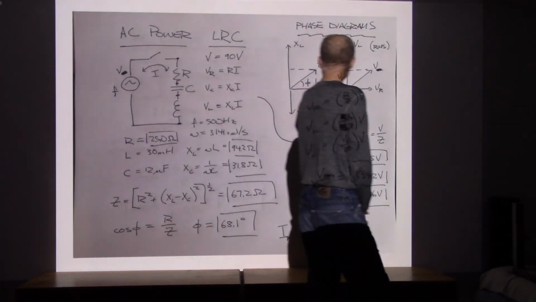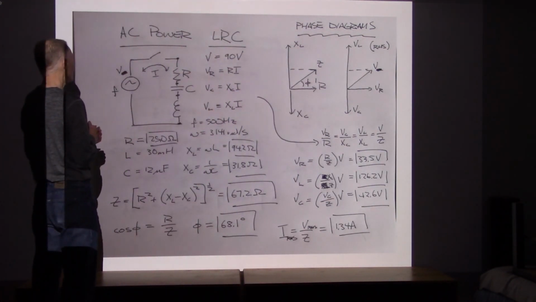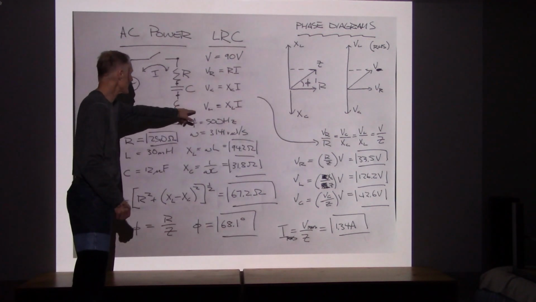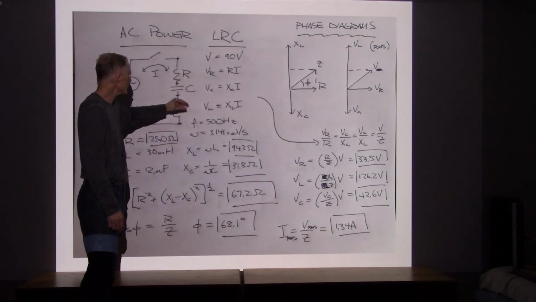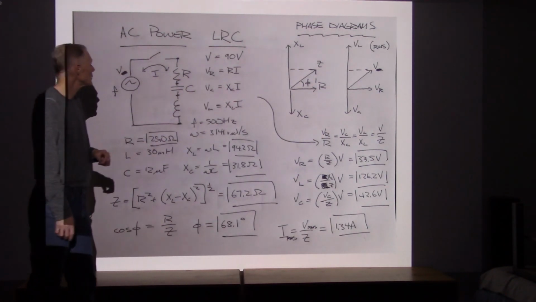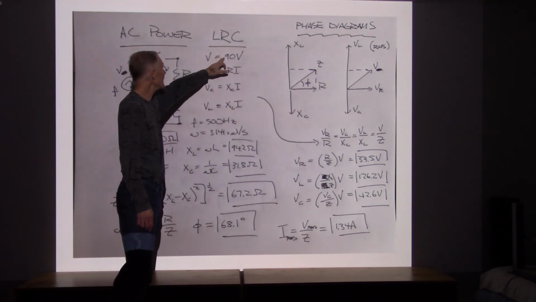So here we are. Here is the R, and I didn't write the L, that's the problem. There's a resistance, there's a capacitance, and there's an inductance, an implied L right there. They're telling us that the overall voltage is 90 volts.